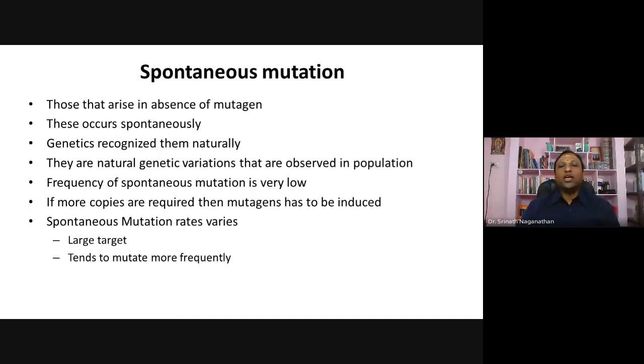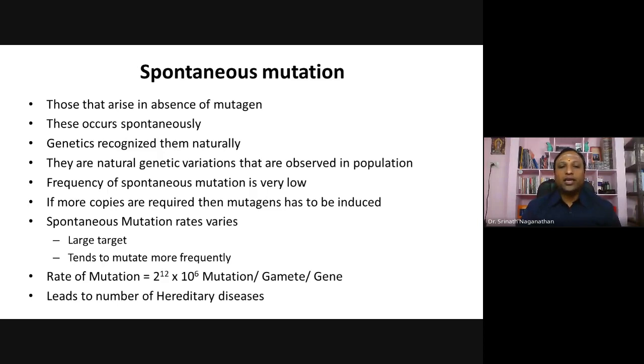Spontaneous mutation rates vary, that is, a large target tends to mutate more frequently. The rate of mutation here is 2 to the power of 12 into 10 to the power of 6 mutations per gamete per gene. It leads to a number of hereditary diseases.